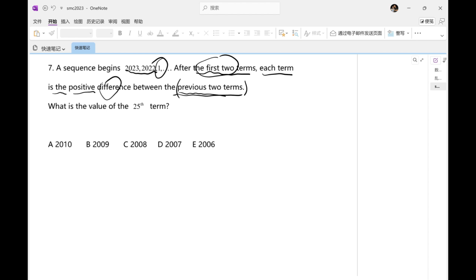We should first list them out: 2023, 2022, 1, and then 2021, and 2021. Then, did you find the rule for that?